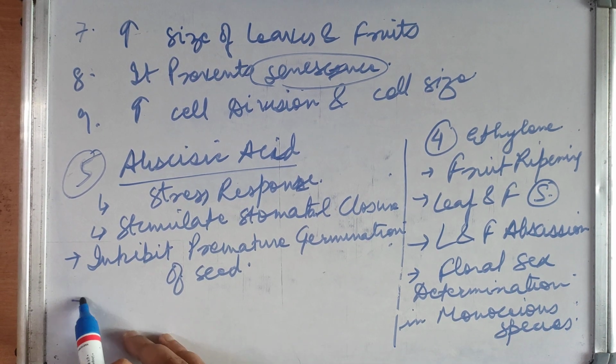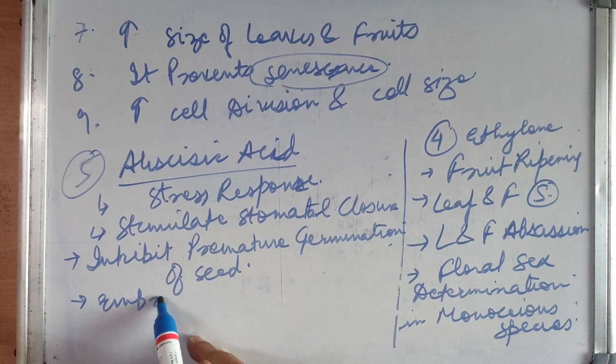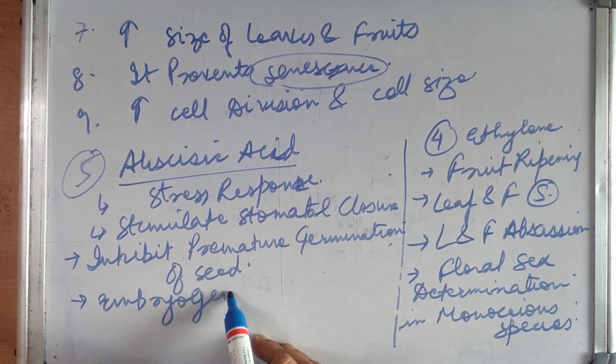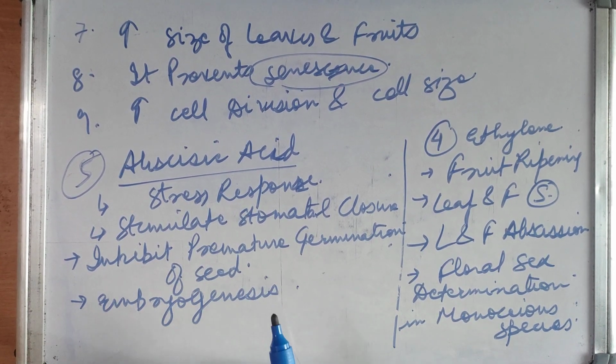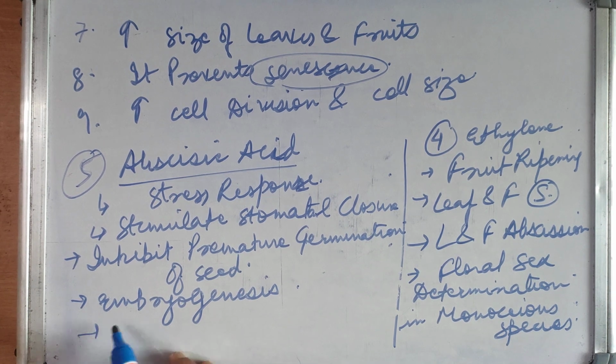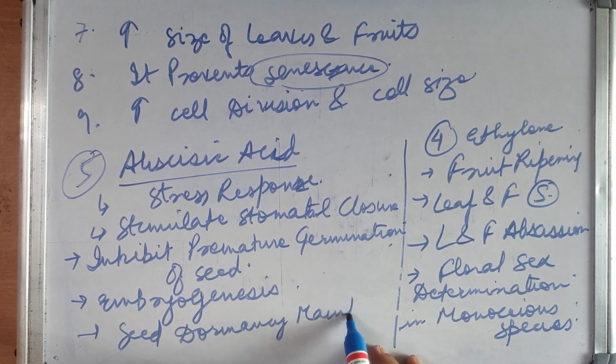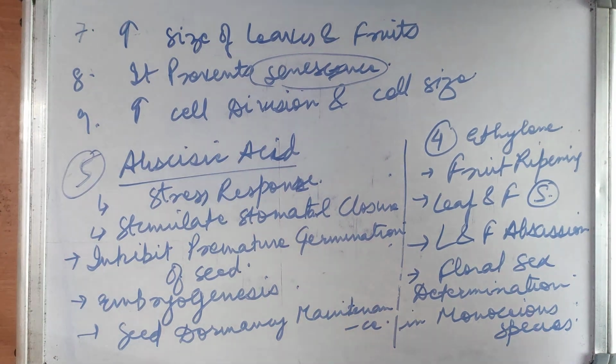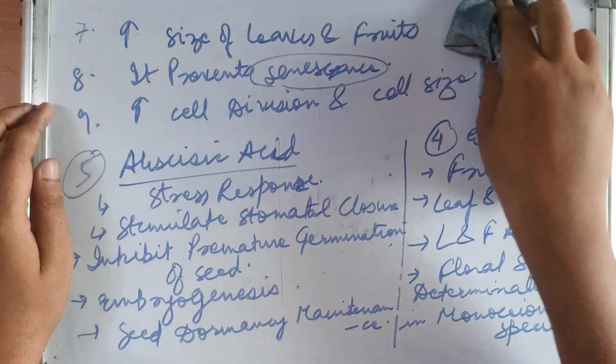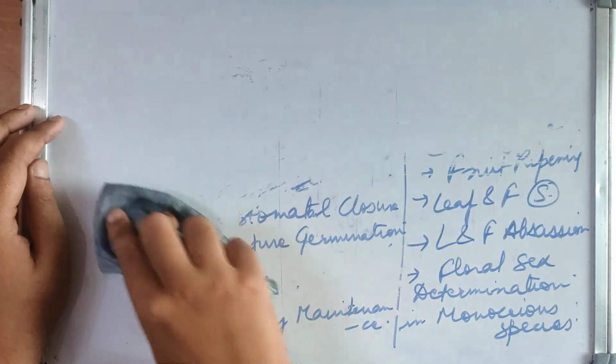It also helps in embryogenesis and seed dormancy maintenance. So these were some of the functions of abscisic acid, and these were the functions of all 5 phytohormones or plant growth hormones.